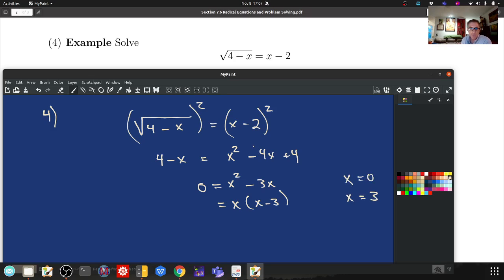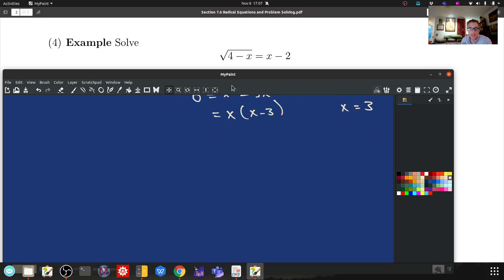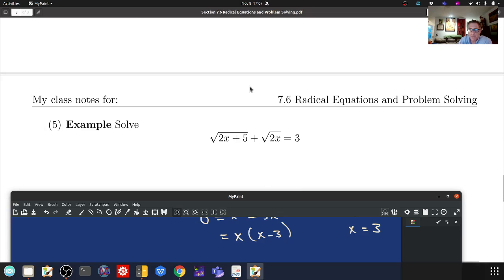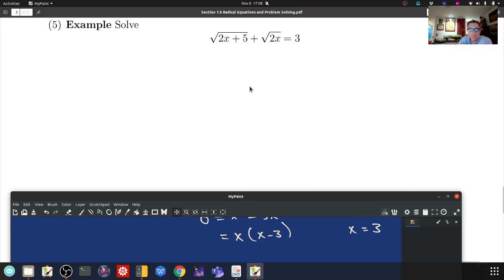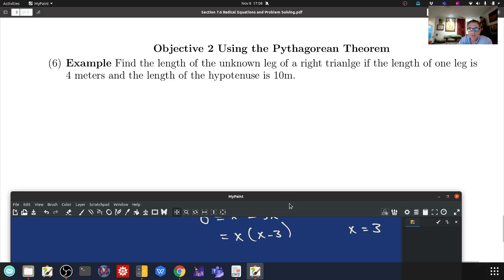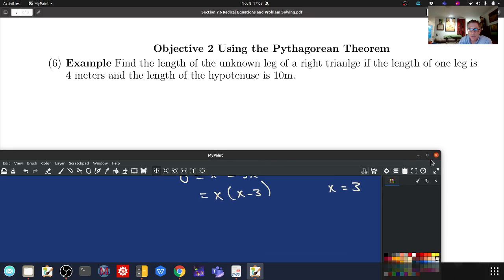And what you would want to do is plug them into the original equation, the one that I'd written down before I squared it, and see if it would work. So really, a lot of these examples that lead to quadratic equations, that one also is one we won't do, are pretty easy.